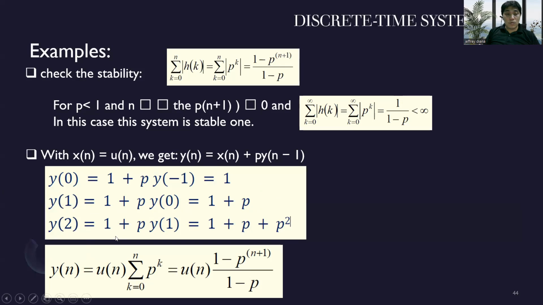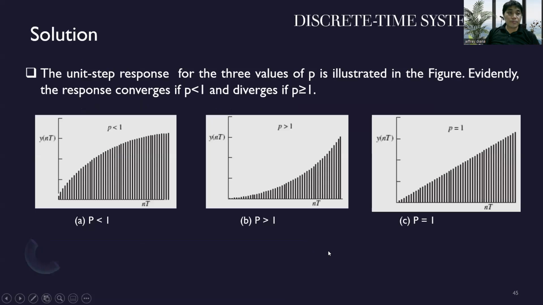For y[2], it is 1 plus p y[1], which is 1 plus p plus p to the power of 2. So for the final summation, y[n] is equal to u[n] times the summation from k equals 0 to n of p to the power of k, which equals u[n] times (1 minus p to the power of n plus 1) over (1 minus p).